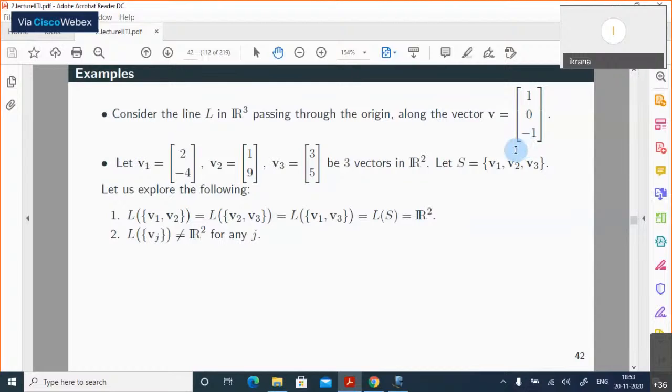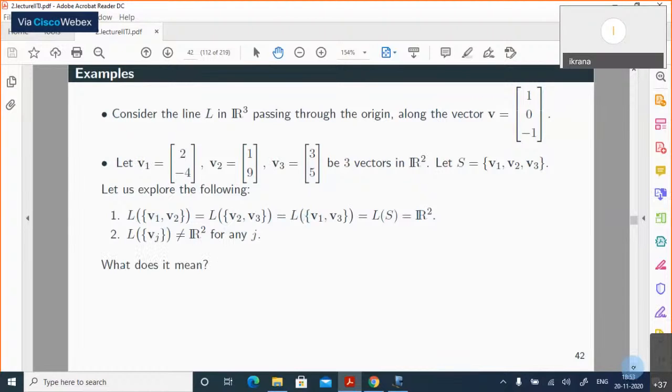Just now we said if you take one vector and take the linear span, you will be taking alpha times V1, and that is only a line. Geometrically, that will be a line in the plane, and all the elements outside the line will be left out. So the span of these different sets is equal to R2, and you cannot drop any one of the vectors from any one of the sets, right?